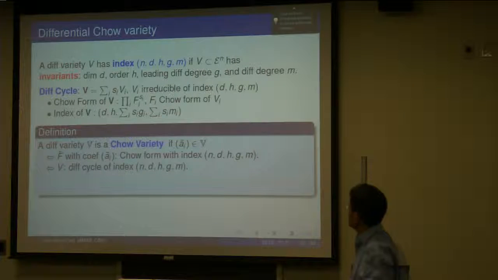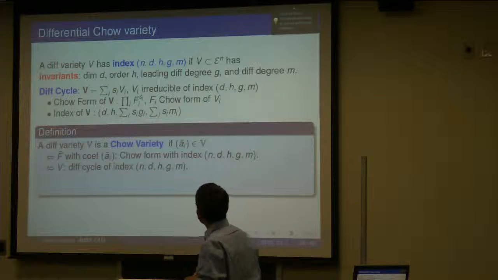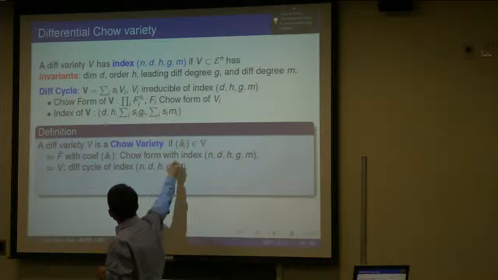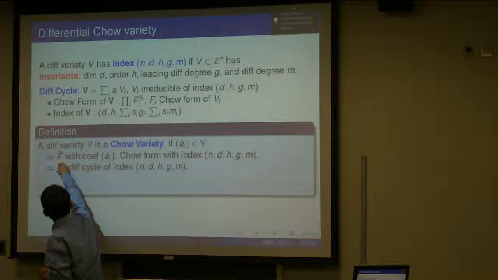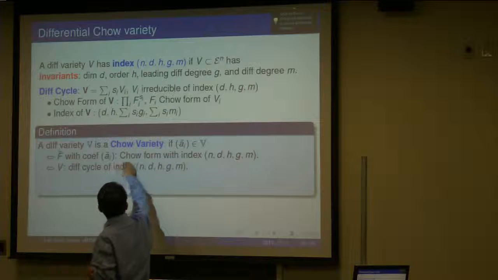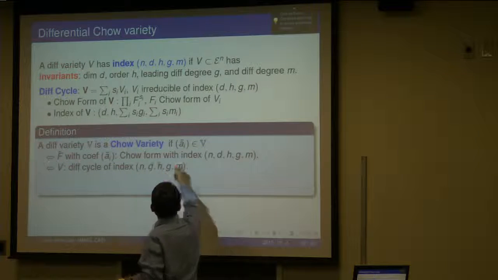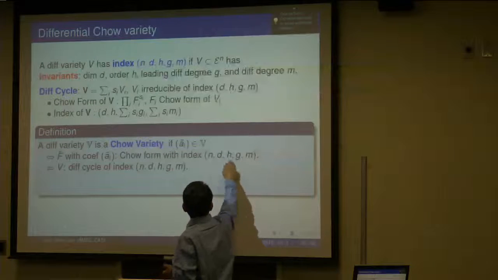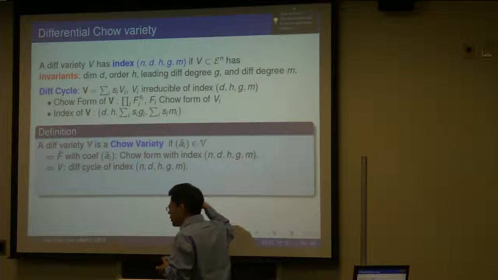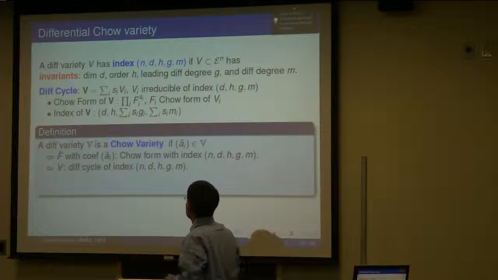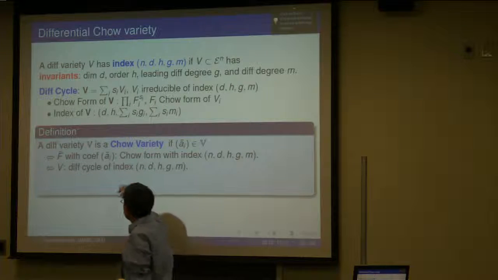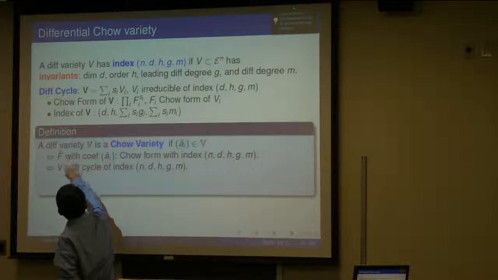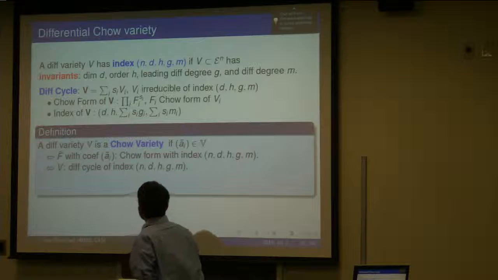Here's the definition. A variety is called a Chow variety if we take a point from the variety, then we use this point as the coefficients of a polynomial, and this polynomial can become a Chow form of this index n, d, h, because all these invariants come from the Chow form, so it can naturally be defined. And a Chow form corresponds to a differential cycle of this index.